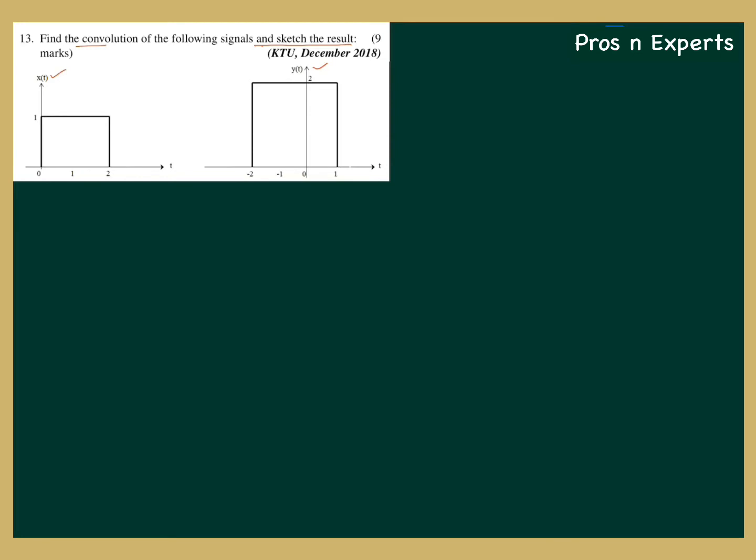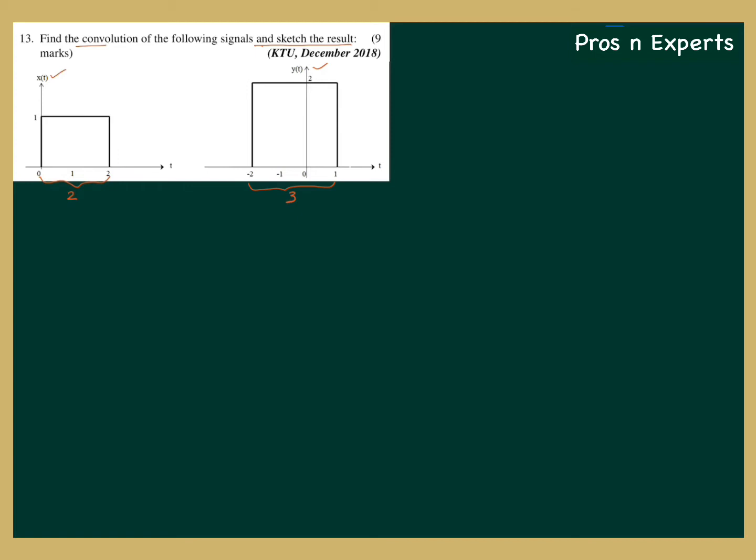Let me first take you to a special note, because the duration of the first signal is 2 time units, whereas the second signal given by y of t is 3 units.